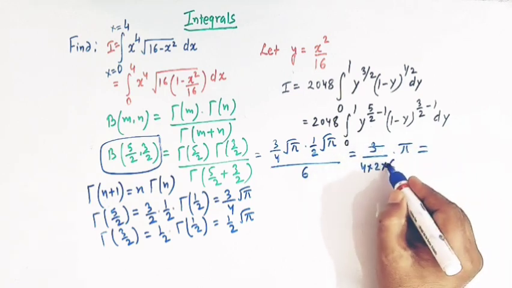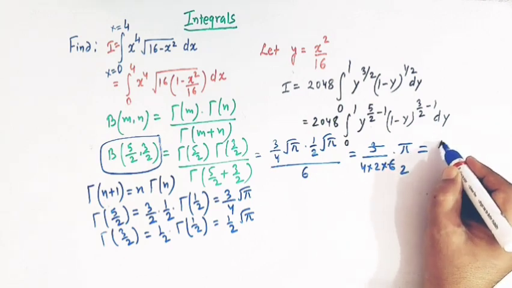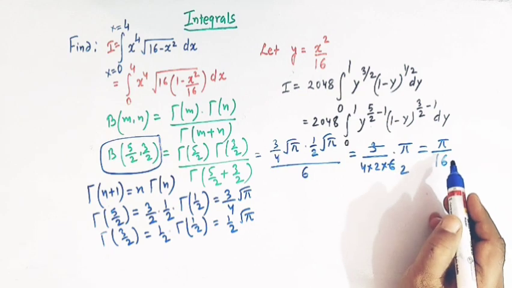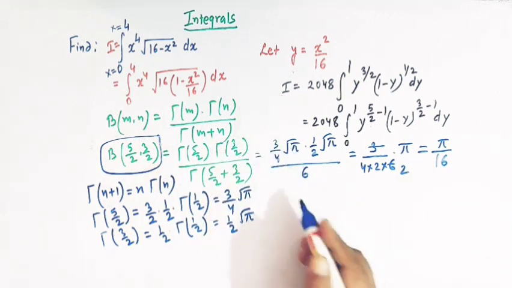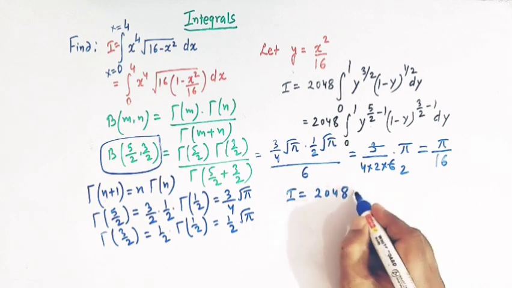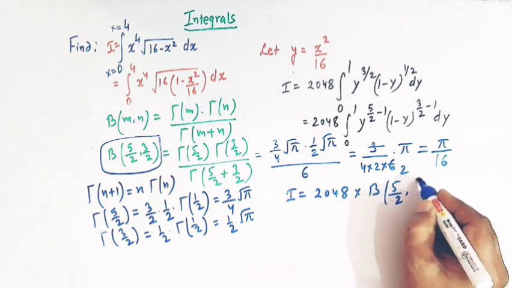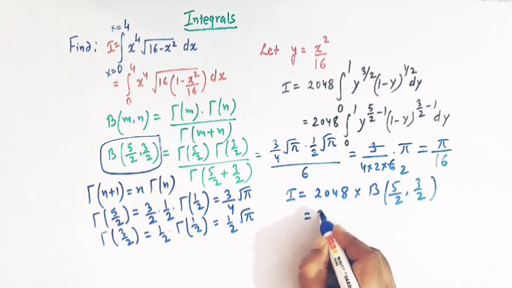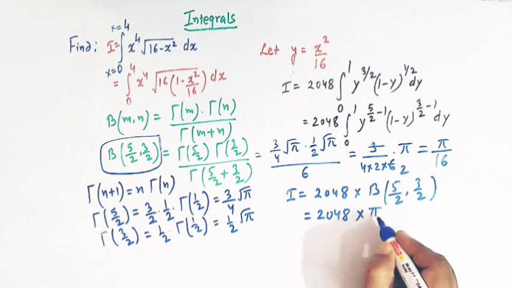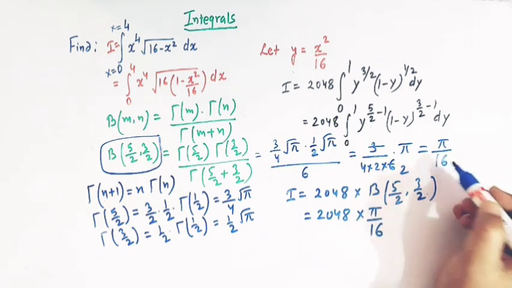So this is 3 to the 6, so we have 4 times 2 times 2, that is pi over 16, right? So now the value of this integral I is equal to 2048 times beta of 5 by 2, 3 by 2, and this is 2048 times pi over 16, right? So the value of this quantity is pi over 16.